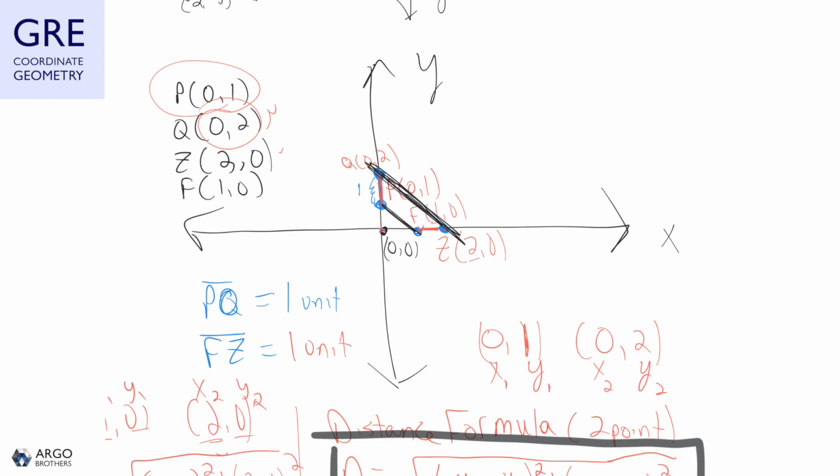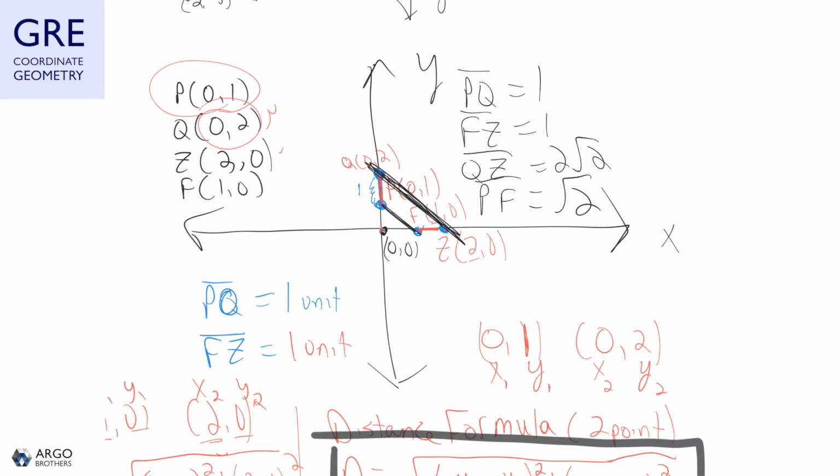We have PQ equal to 1. We have FZ equal to 1, and we have QZ equal to 2 radical 2, and we have PF equal to radical 2.